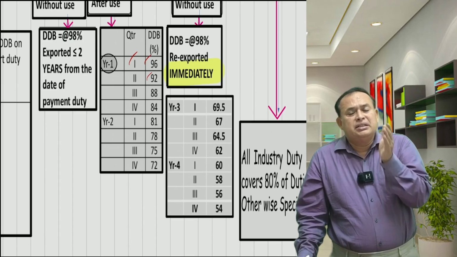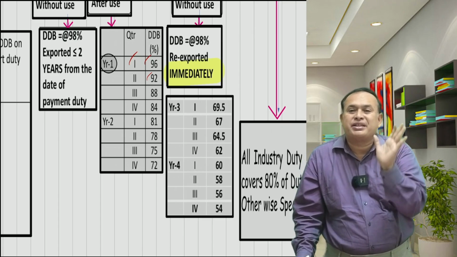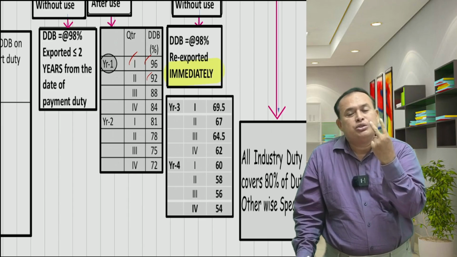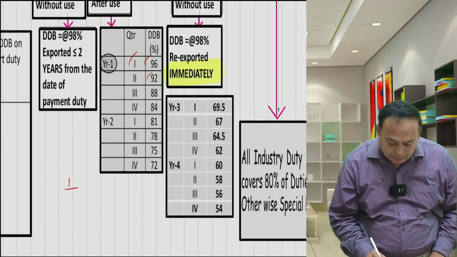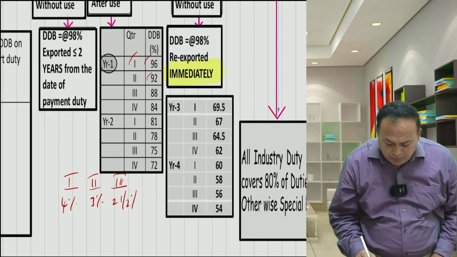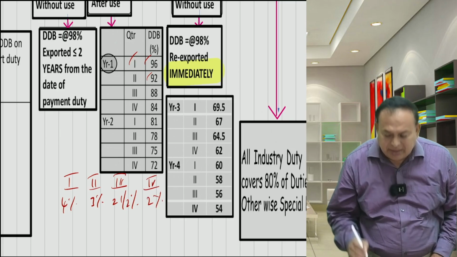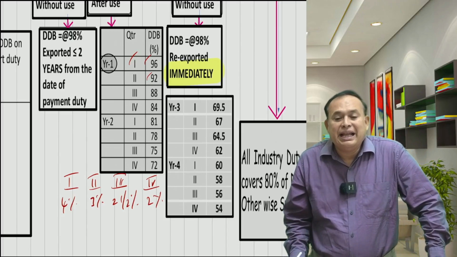Third year, for each quarter, for 4 quarters, 2.5% reduction. Fourth year, 2% reduction. So first year, 4% reduction. Second year, 3% reduction. Third year, 2.5% reduction. Then fourth year, 2% reduction. Start with 96, ends with 54.